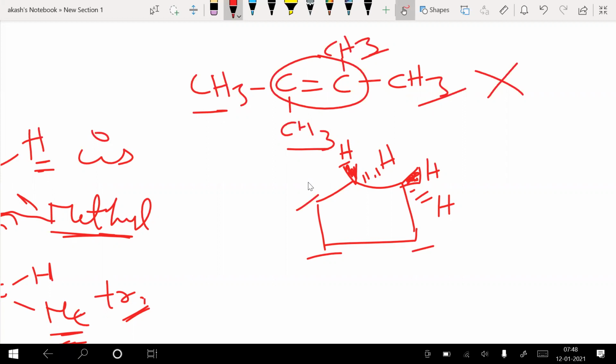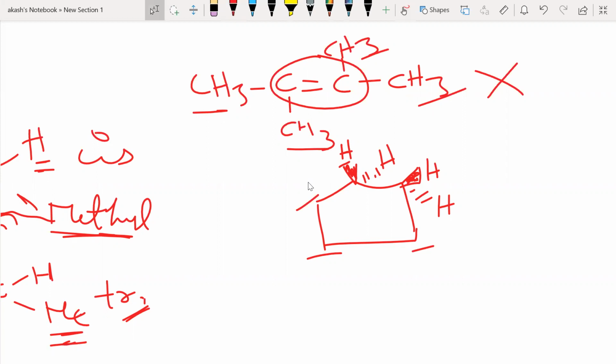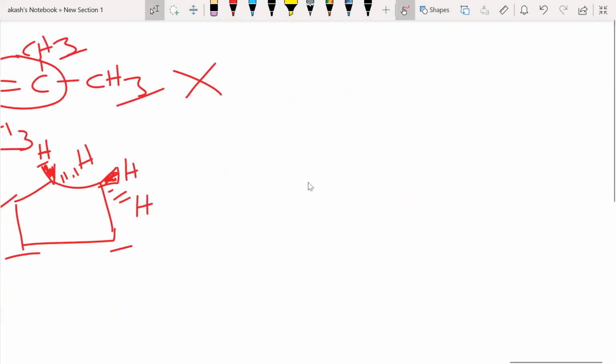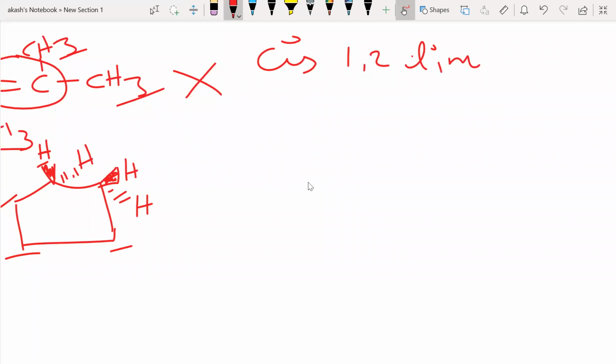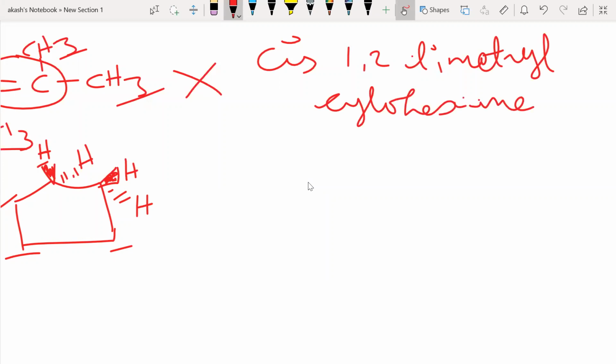So here also I can have cis and trans, right? Say for example, if I write the name cis-1,2-dimethylcyclohexane.